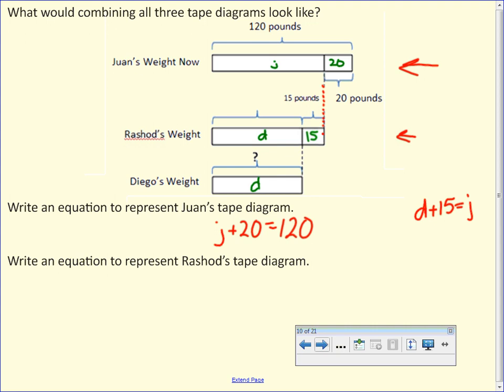No. But if I take my D plus 15, add on 20, now do I know what the value is? If I added on 20 to that, this whole thing would equal that, which equals 120. Does everybody see that?